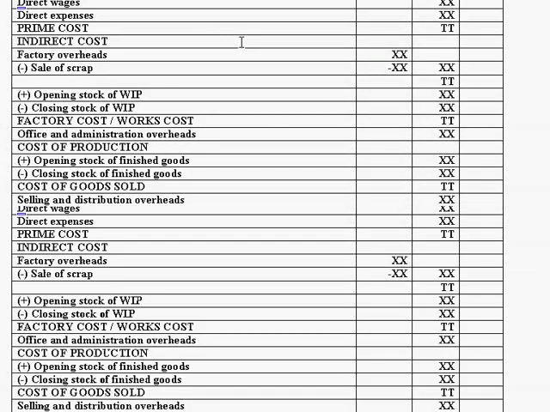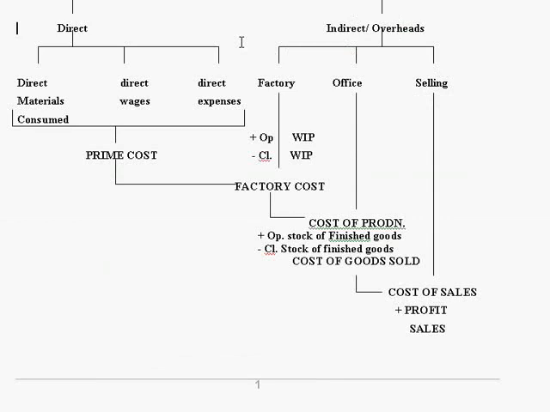It is to be recollected now that indirect cost is also known as overheads, correct? Indirect cost is also known as overheads. There is one more name for indirect cost, known as on cost. Indirect costs are also called on cost. So when I say office on cost, what do I mean? Office overheads.